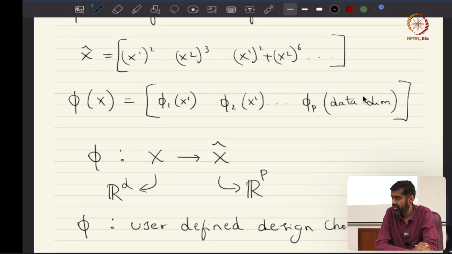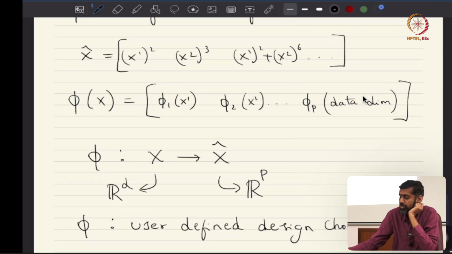Do you see what I'm saying? Let's say that you are given data d. I define transformations on the dimensions of data using a pre-computed fixed function phi, and transform my data from d dimensions to some other p dimensions. So this phi, the function that is transforming from d to p, is something that I, meaning the user, would choose.